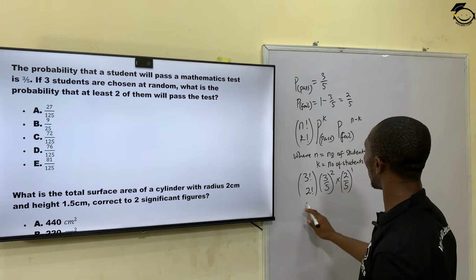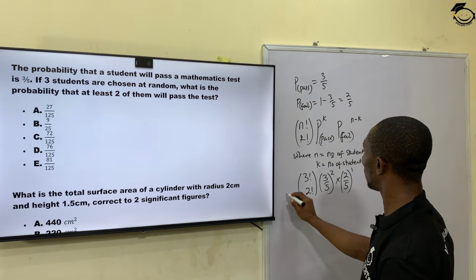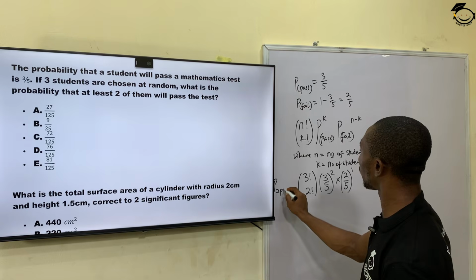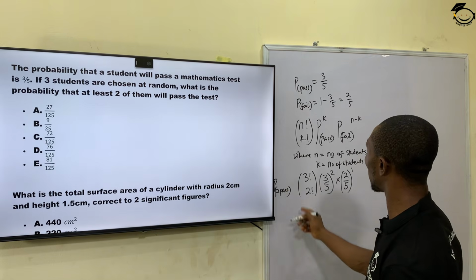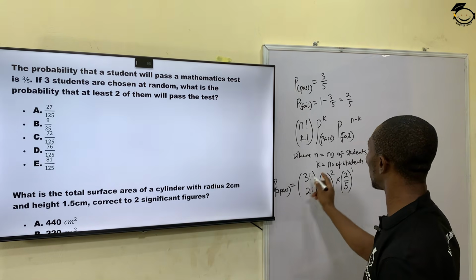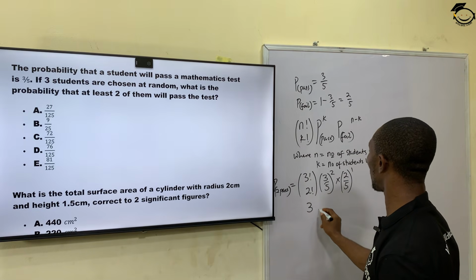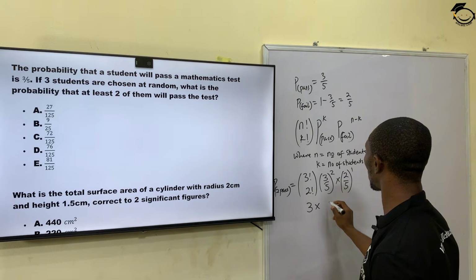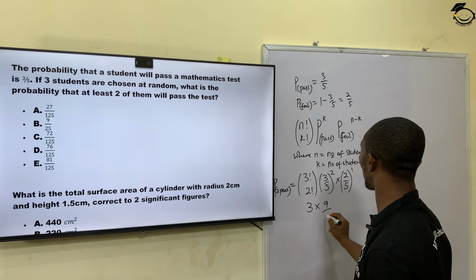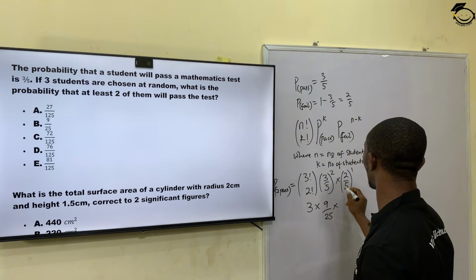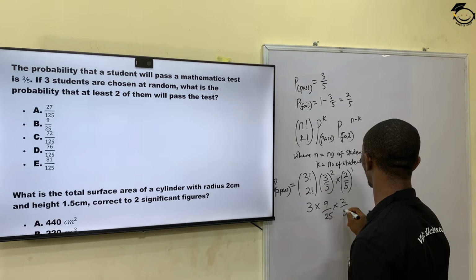Now expanding this for at least 2 passing, 3 factorial over 2 factorial will give us 3, times 3 squared is 9 over 25, times 2 over 5.